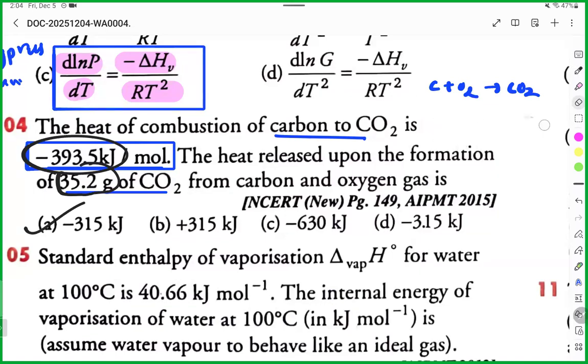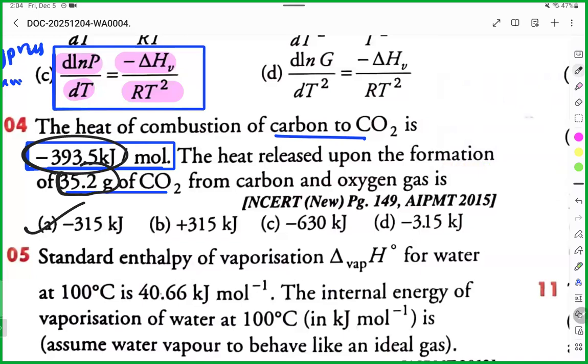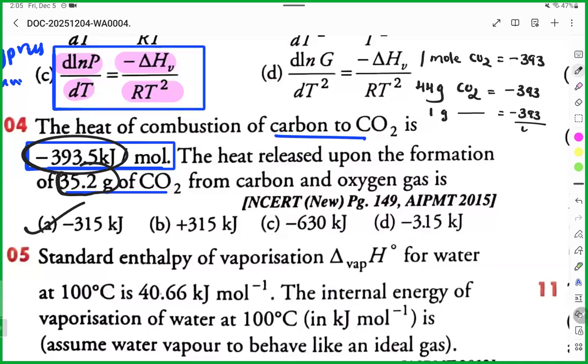What I am trying to say is, here it is saying 1 mole of CO2 produce minus 393 kilojoule energy. 1 mole CO2 means 44 gram because molar mass of CO2. 44 gram of CO2 produce minus 393. 1 gram of CO2 will produce minus 393 divided by 44. 35.2 gram of CO2 will produce minus 393 divided by 44. Multiply 35.